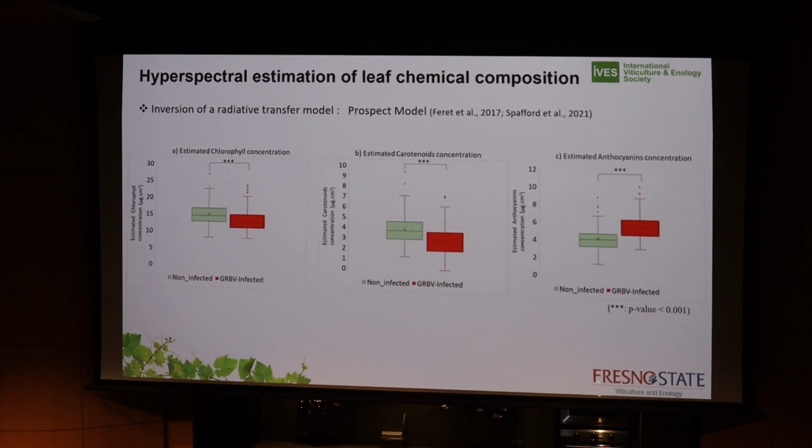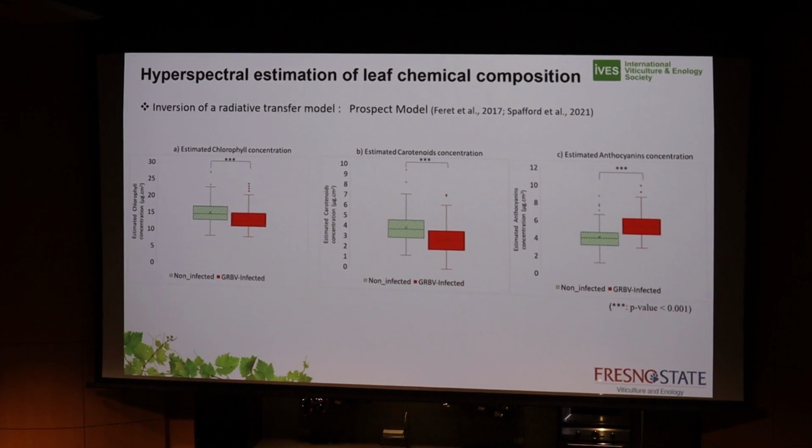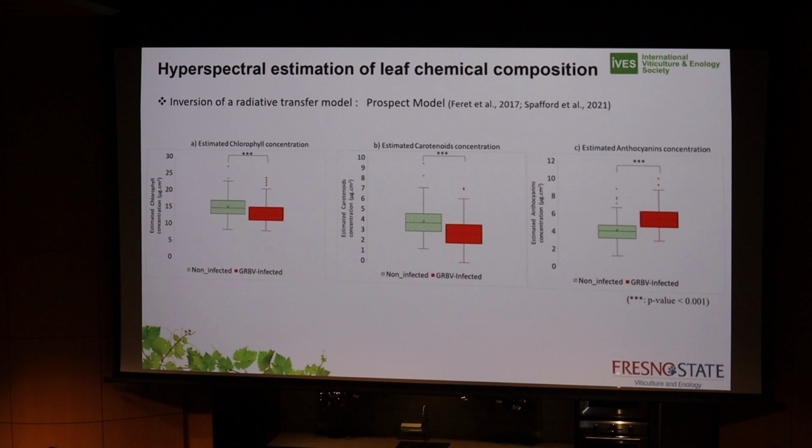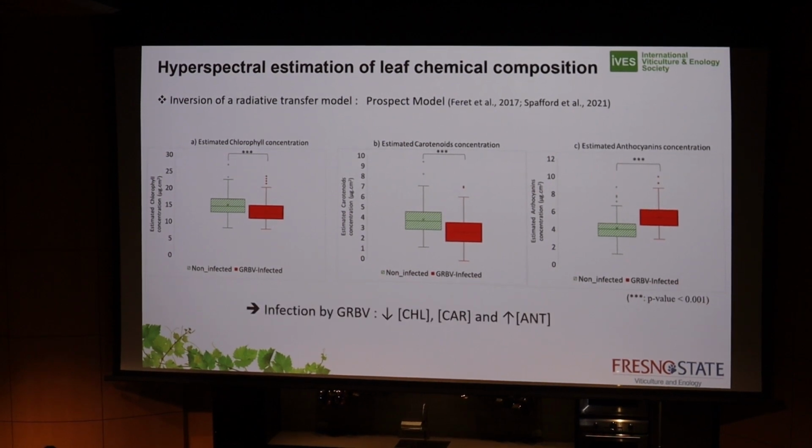While chlorophyll and carotenoids, which are part, of course, of the photosynthetic engine, are reduced by the disease, the anthocyanin is increased, and the leaves become red. So just to show you, instead of only presenting results, that behind there is a very straightforward understanding of how the plants respond to the signal and why we expect the detection to improve or not.